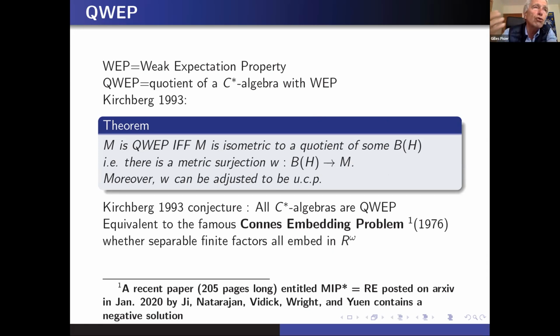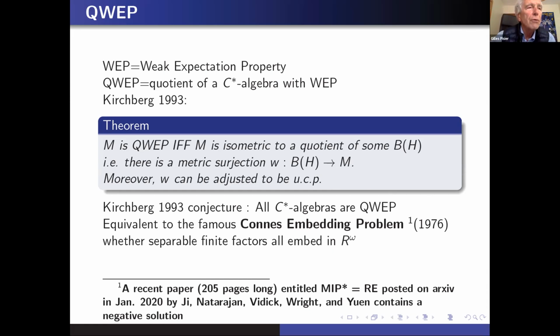They're not all quotient C-star algebras of B of H, but they are quotients by unital completely positive maps of B of H. So one of the things that Kirchberg proved at the end of his paper is that his conjecture, he conjectured that all C-star algebras are like that. He couldn't find counterexamples. So what I call the Kirchberg conjecture is that all C-star algebras are QWEP.